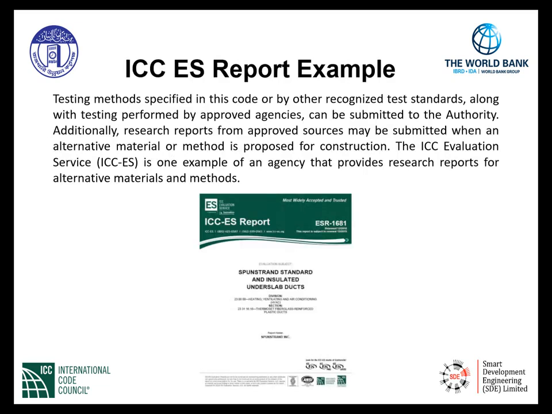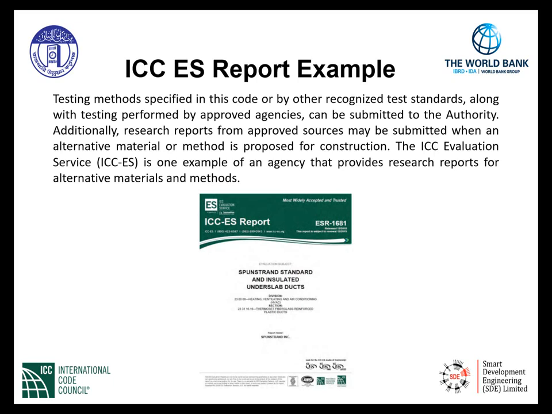An example is the ICC Evaluation Service Report. Testing methods specified in this code or by other recognized test standards, along with the testing performed by approved agencies, can be submitted to the authority. This is a mechanism that can be submitted to the authority for approval.